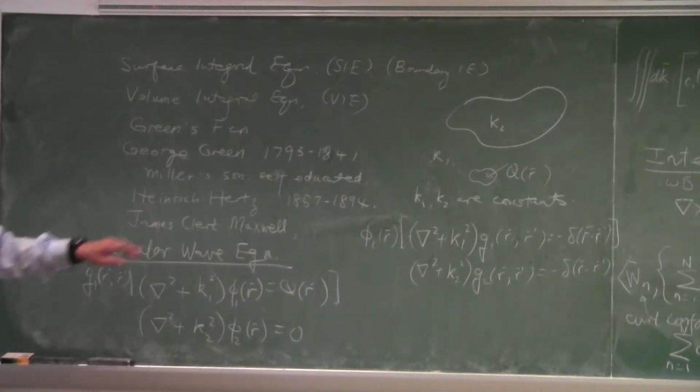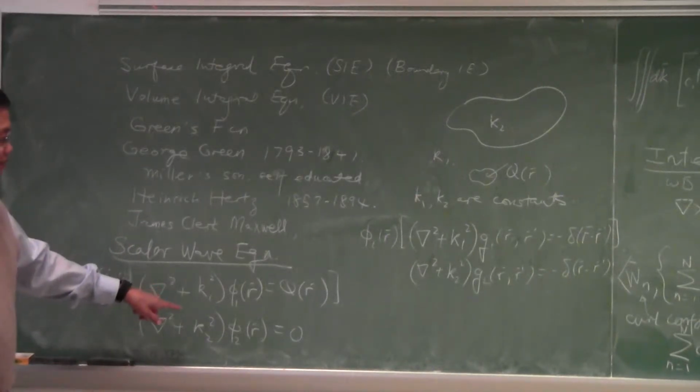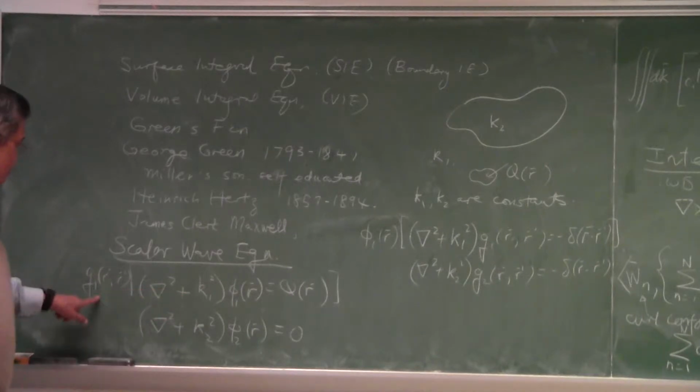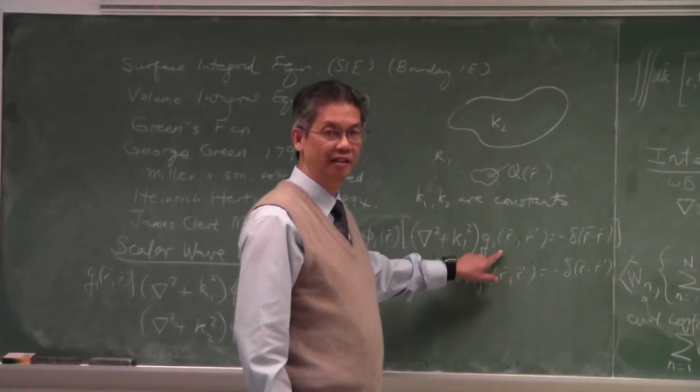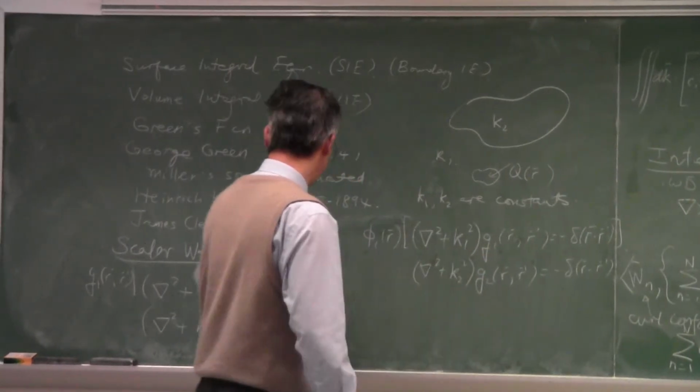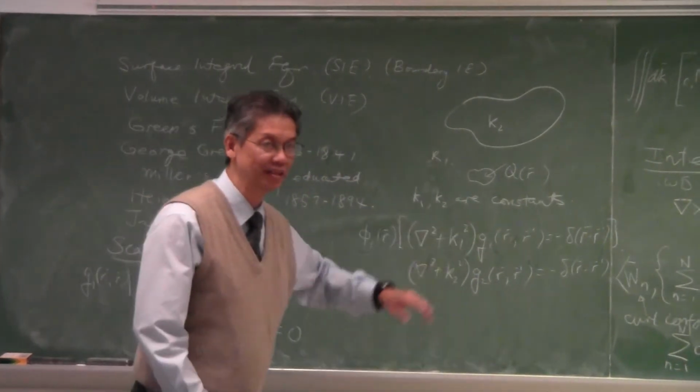Now you subtract the two equations. You see that the middle term cancels: there's a G1 K1 phi1 and there's phi1 K1 G1. K1 is a constant, so when you subtract these two equations, that term will disappear.